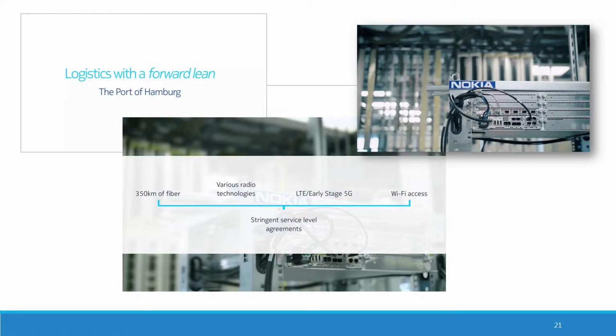So in this case, they use 350 kilometers of fiber and various radio technologies and 9 early-stage 5G Wi-Fi access points to support stringent service level agreements. So if you are a telephone company, how can you implement the network?